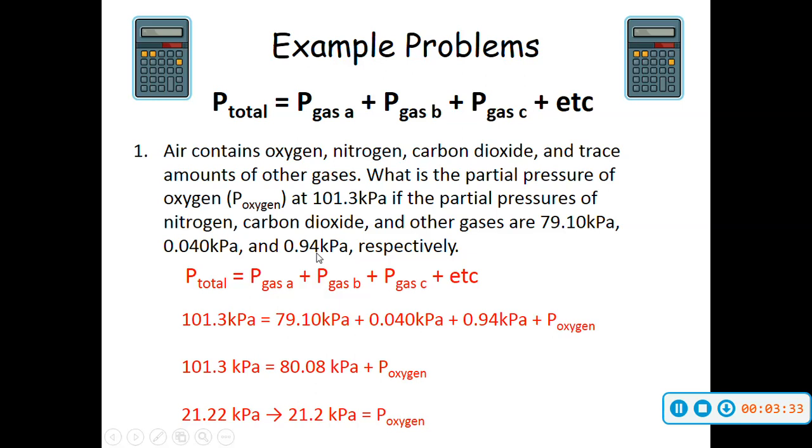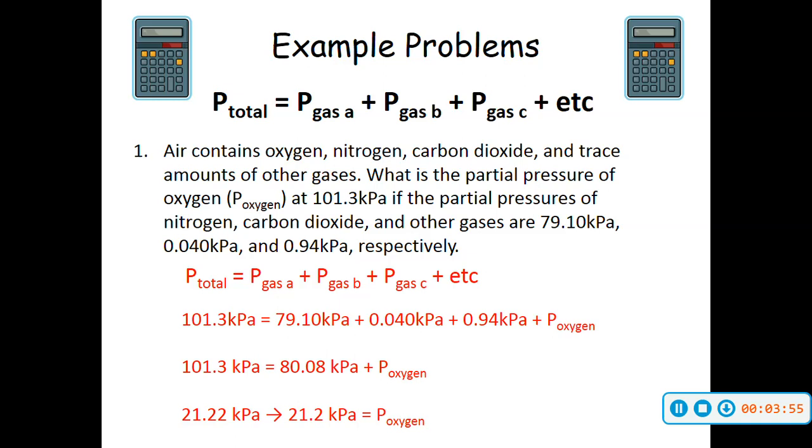If we're going by the least number of decimal places, this one right here is going to have the least number of decimal places with 1. So it would actually round to 21.2. Now on your test, I will try not to trick you with significant figures and decimal places.